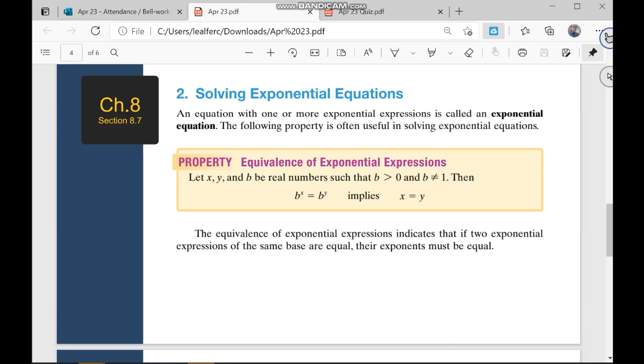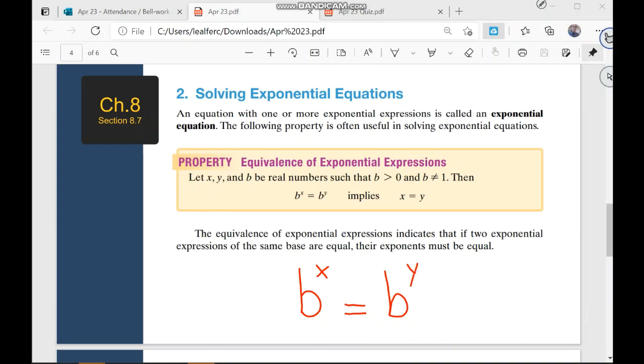How to solve exponential equations. If you have an exponential equation, and on both sides of the equation we have an equality, right? But let's say you have on both sides the same base, the same number as the base, and the exponents are different expressions.